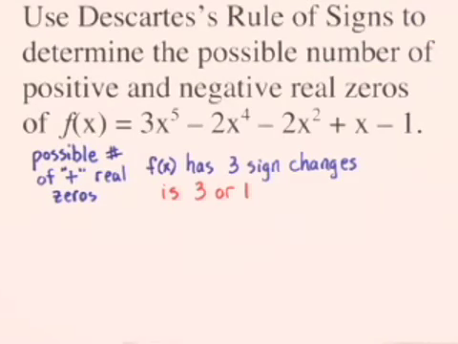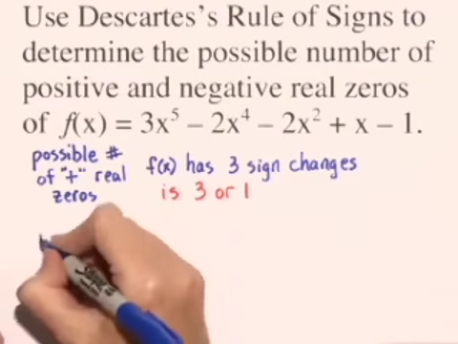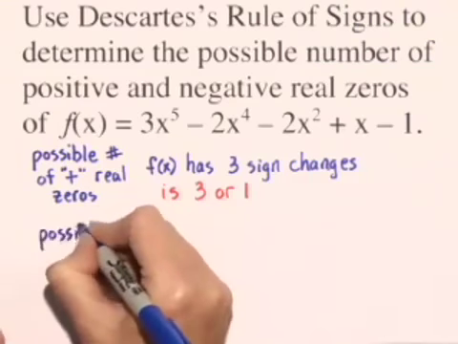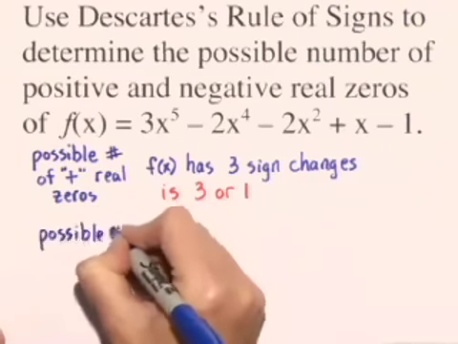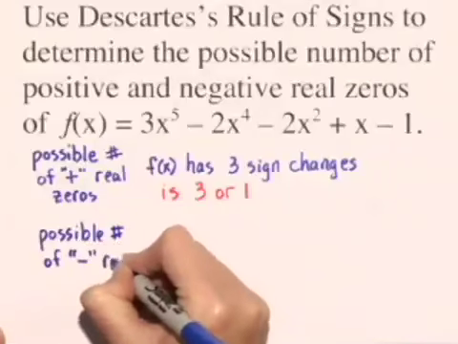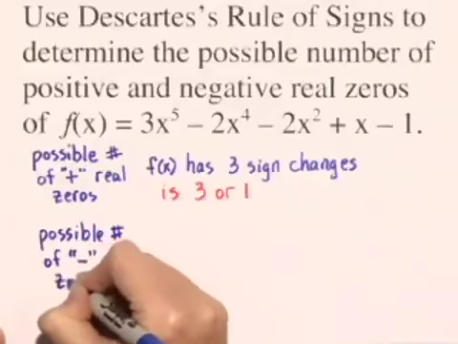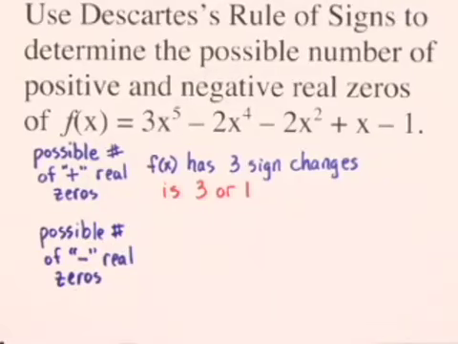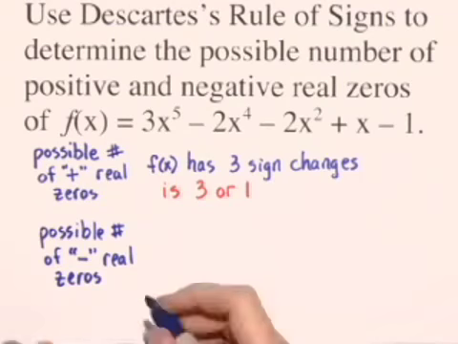Now we need to look at the number of possible negative real zeros. So in order to determine the possible number of negative real zeros, we have to look at f of negative x.